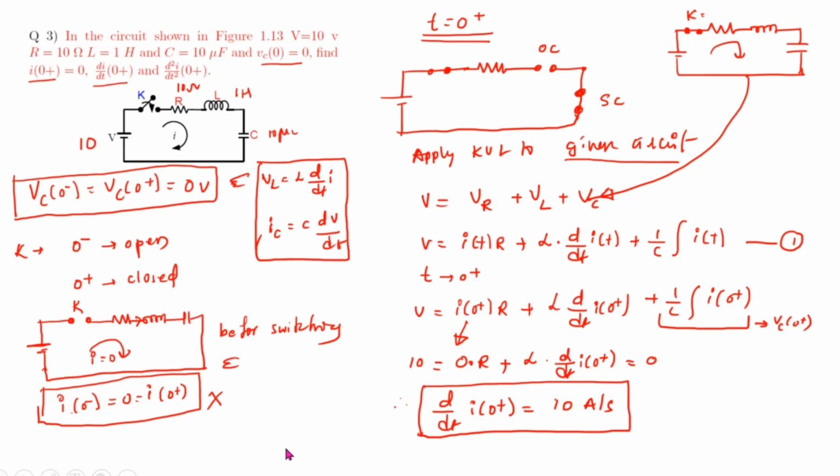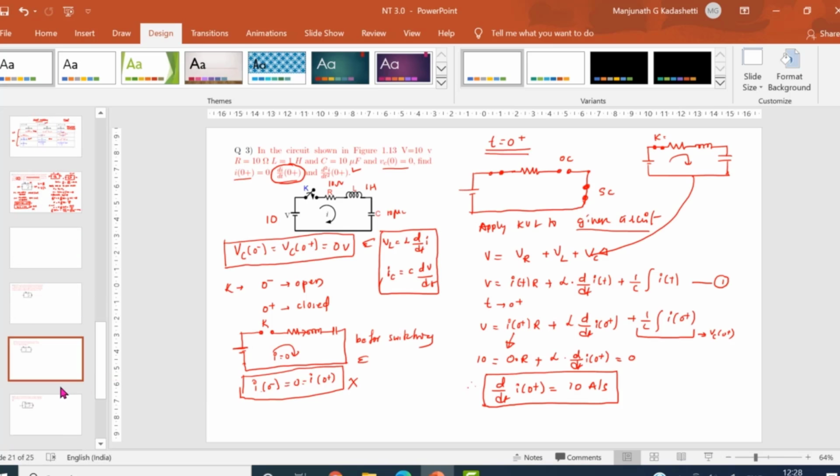Good, so that is calculated. Next, to calculate the double differentiation of I, let us differentiate equation number 1 once again.